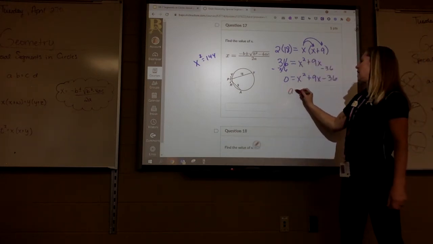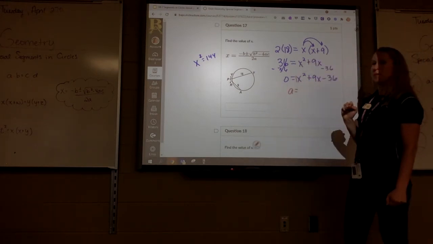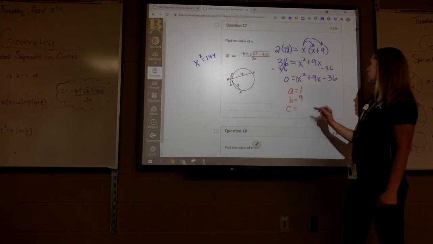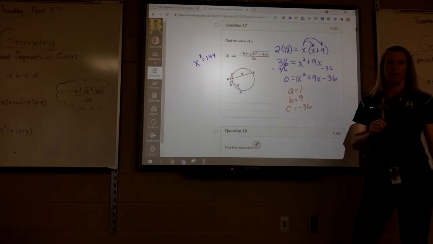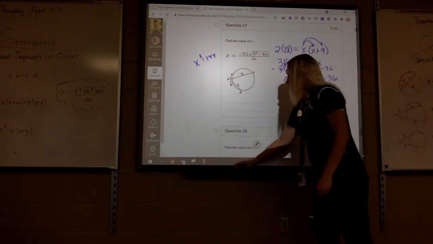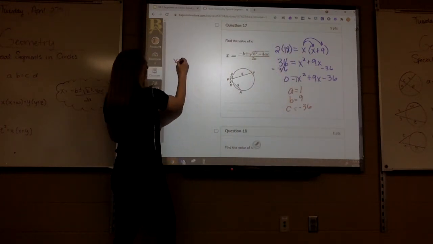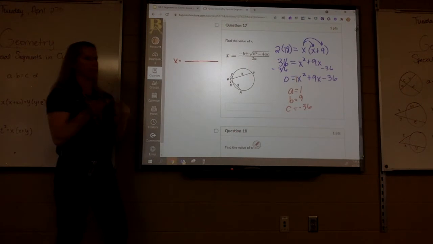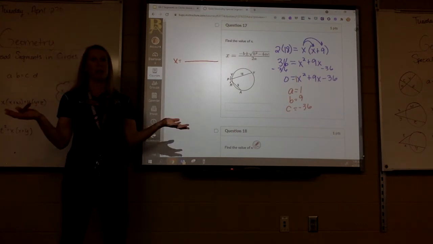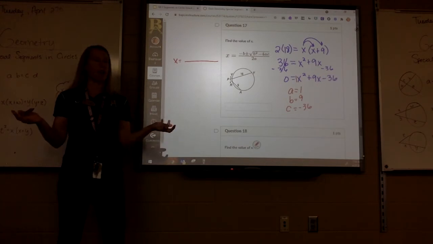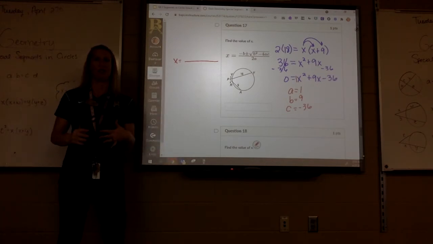What is A? 1, the number in front of the x squared. What is B? 9. What is C? Negative 36. So I'm going to write it all out first, just to have it, but we need to type it in the calculator. The very first button that you push on the calculator is what? N over D. If you forget N over D first, you have to start over.